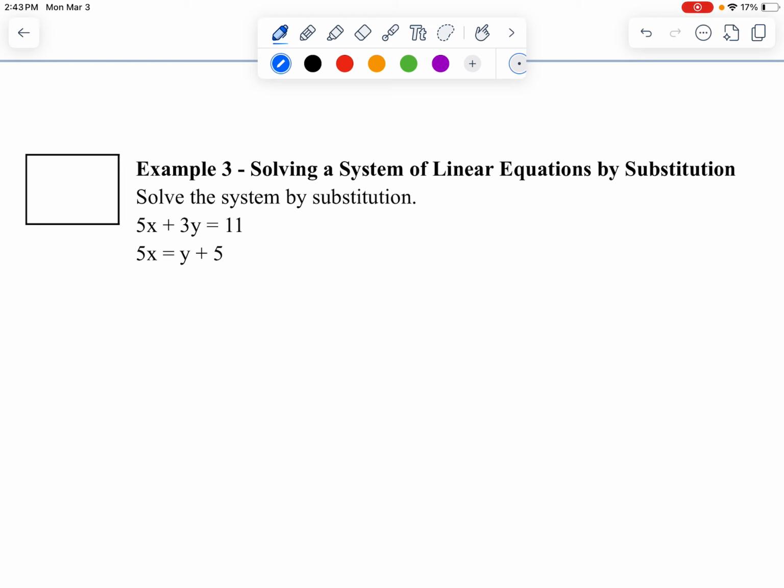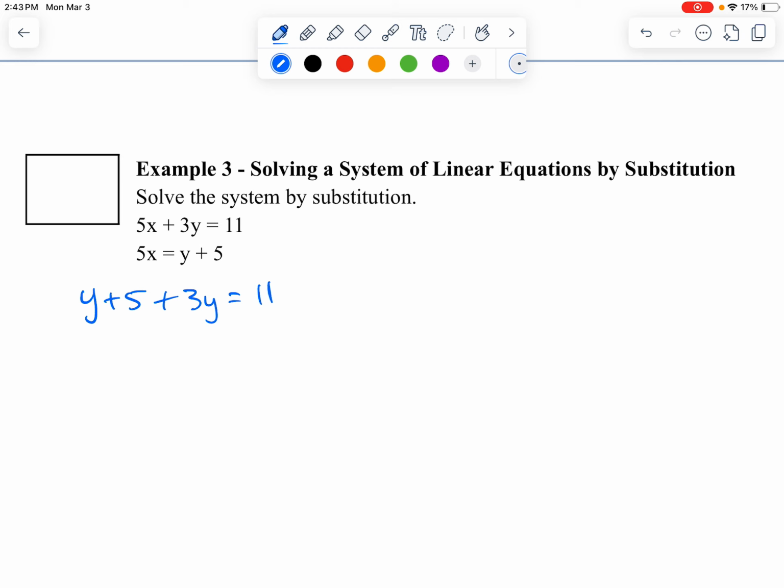So again, we've got that same situation as above, where I've got 5x equals something, and up here, I've got another 5x. So let's substitute this in for 5x. So I've got y plus 5 plus 3y equals 11.